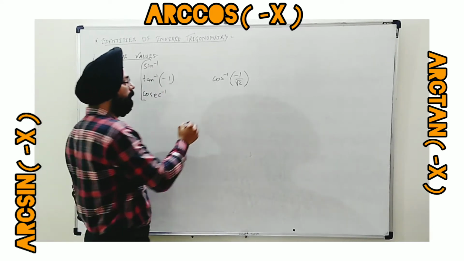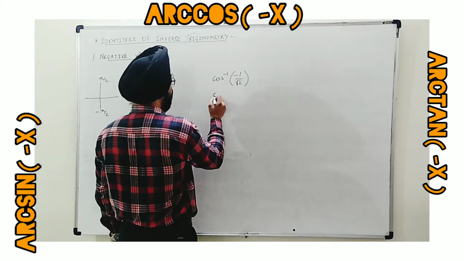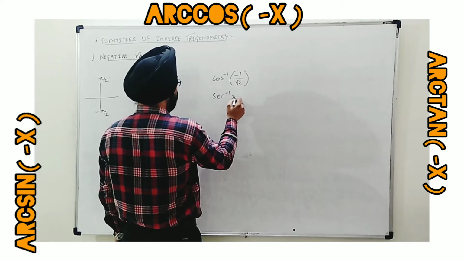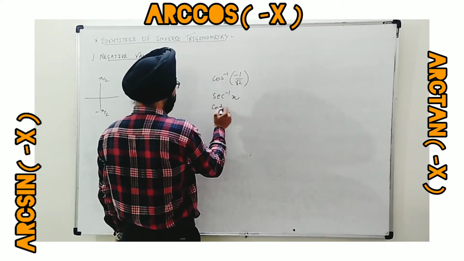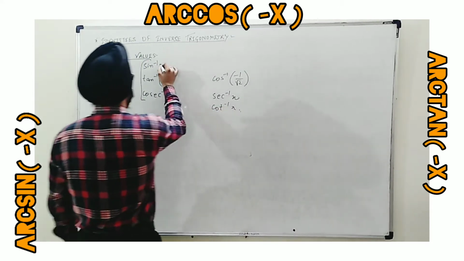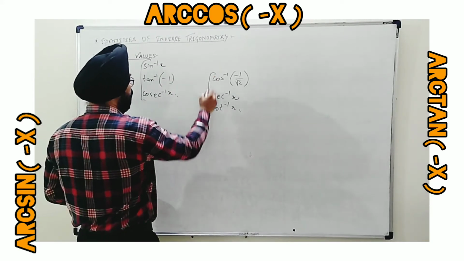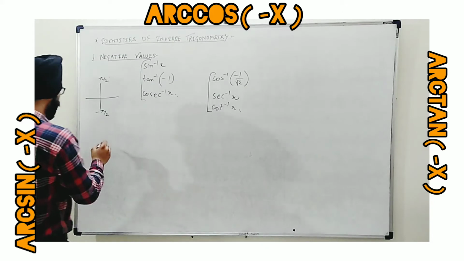And in the other group we have cos inverse, sec inverse and also cot inverse x, which range from 0 to pi. This belongs to the second group.